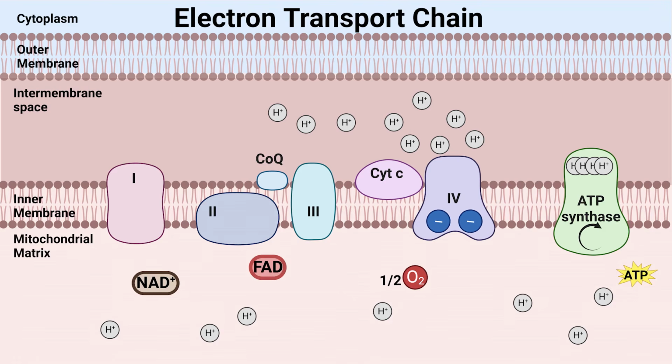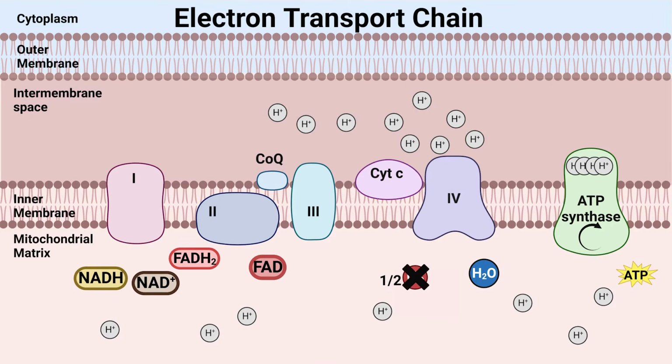Oxygen receives electrons from complex 4, it takes protons, and in so doing, becomes reduced to water. That's right. The oxygen that you breathe ultimately gets reduced to water. This is the ultimate importance of oxygen here.